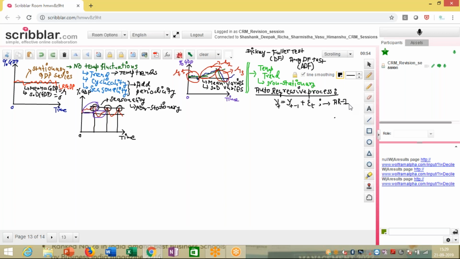Does anyone know what this AR process is called? Anyone who has worked with time series in any other domains, this particular equation has a very specific name.